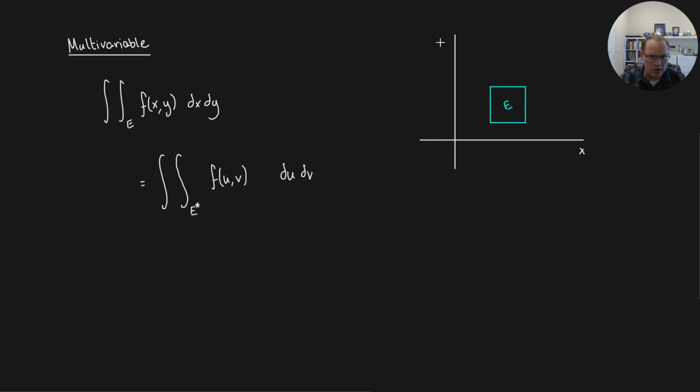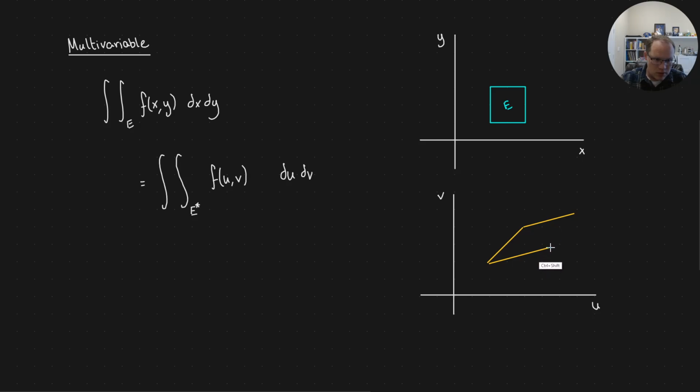That was our original E. And what we're doing by converting to U and V variables is changing into a new space, UV space. And maybe this E is transformed into some new shape, new region, E star.